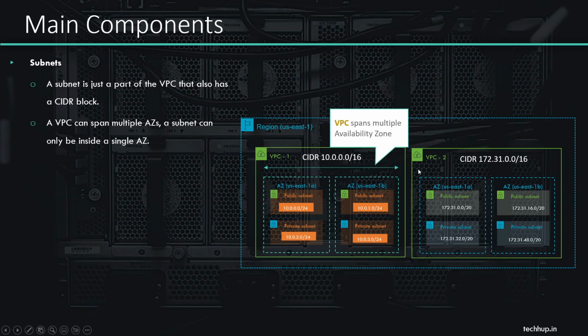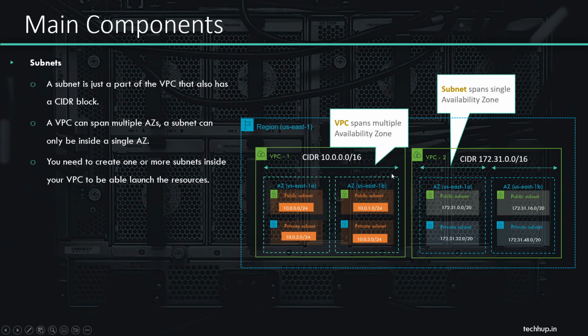So you can create one or more subnets within your VPC, and a subnet will span only one availability zone at a time.